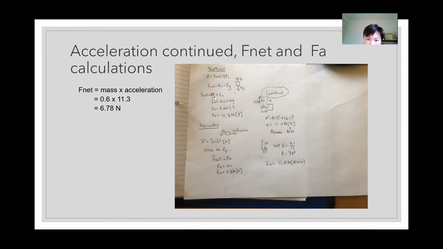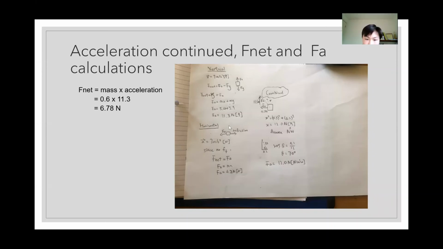So we rearranged it to FA equals F net plus FG. We know that F net is also equal to MA, and FG is equal to MG. So we just plug in the numbers and we get the applied force of 11.3 newtons upwards.